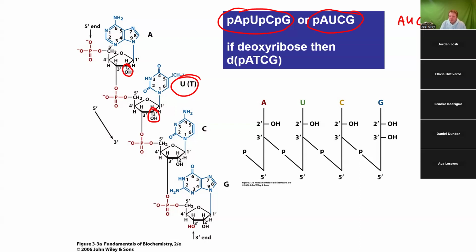These three sequences are all giving us the primary sequence of this molecule. Now, I want to draw your attention to a couple of things. When it comes to labeling and writing out the primary structure of a molecule, we've got version 1, version 2, and version 3.